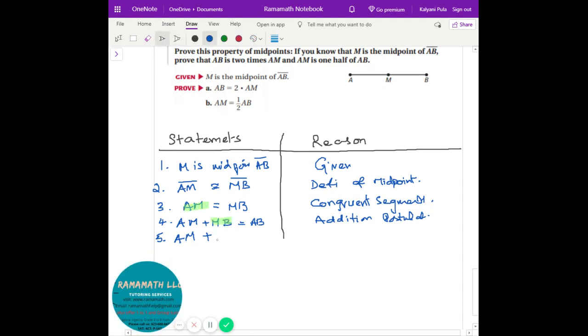Can you agree with that? Because MB and AM are the same. That is substitution.